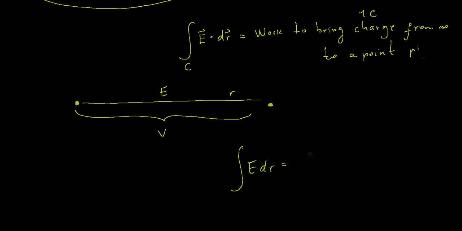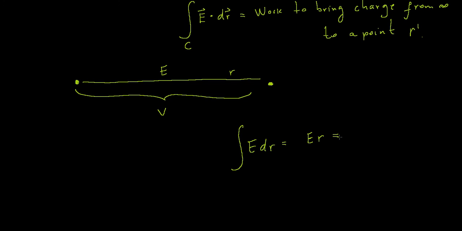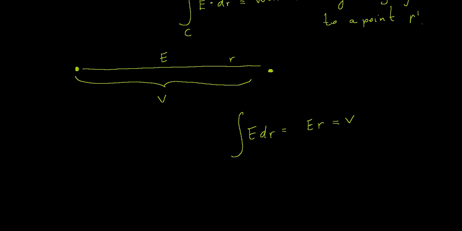So this is simply going to be equal to E times R, which is the value of the electric field times R, the distance between these 2 points. So this is also equal to the voltage from this point to this point.